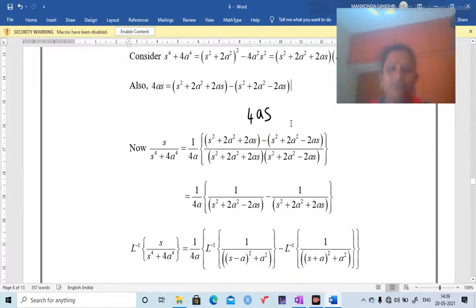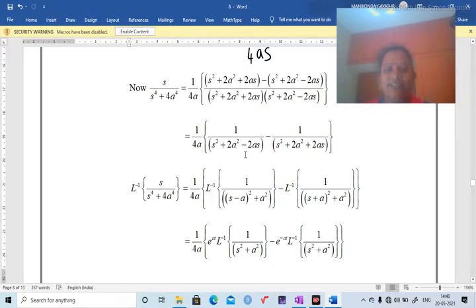So again take this set and cancel this term and this term, then you are going to get this term. Minus, again take this fraction, then cancel this term and this term, then you are going to get s² + 2a² + 2as term.